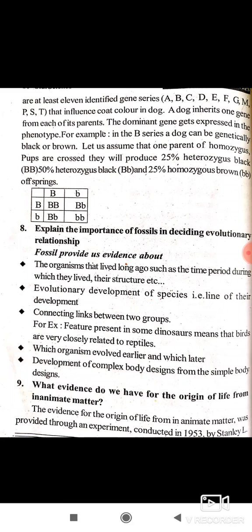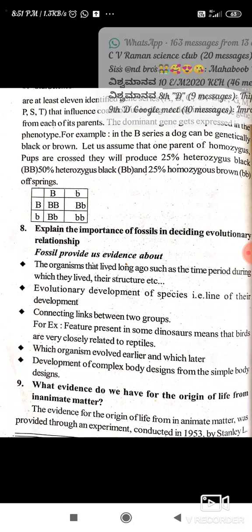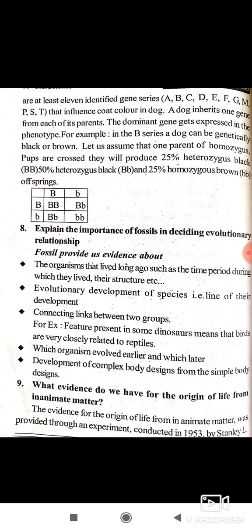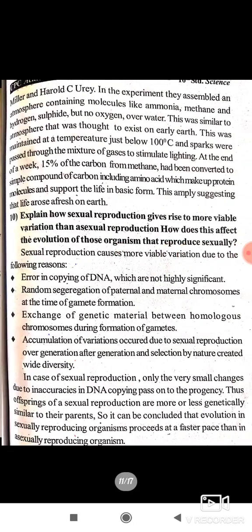For example, in the B series, a dog can be genetically black or brown. Let us assume that heterozygous parents are crossed; they will produce 25% homozygous black BB, 50% heterozygous black and 25% homozygous brown offspring. Let us observe the table to easily know the black and the brown dogs.